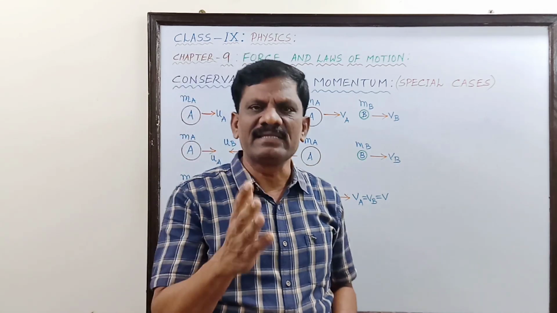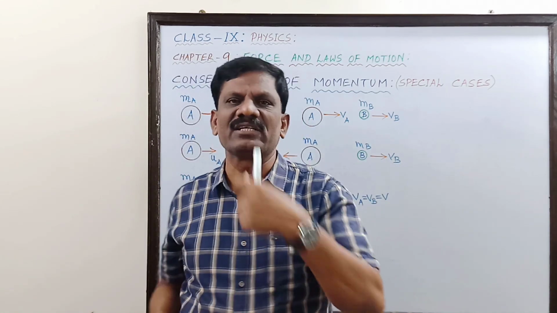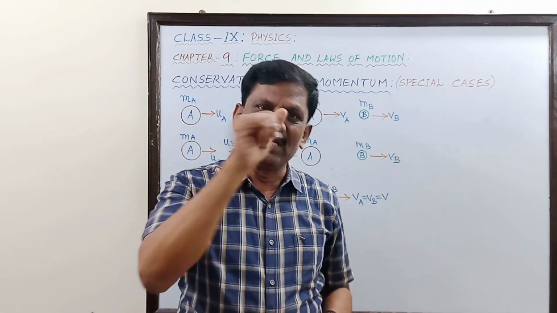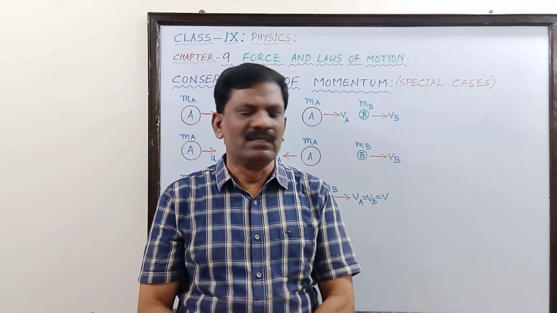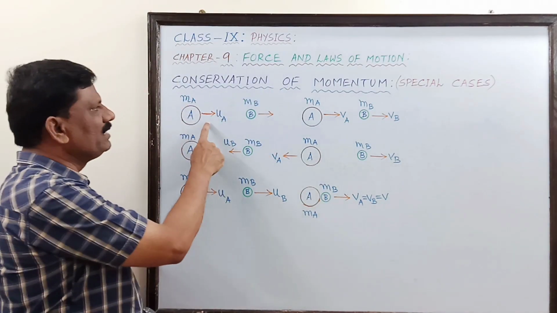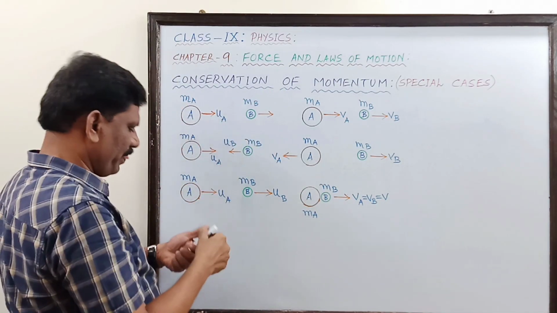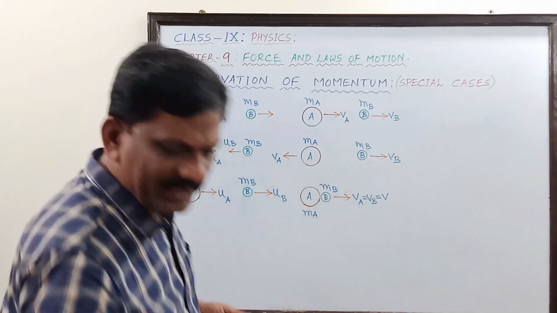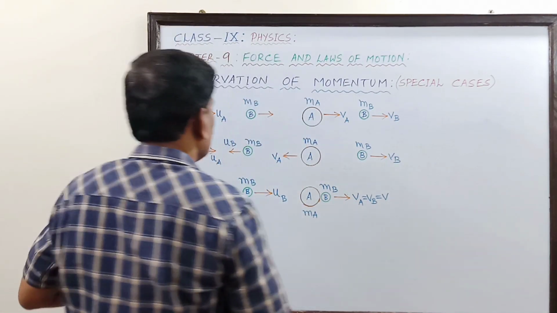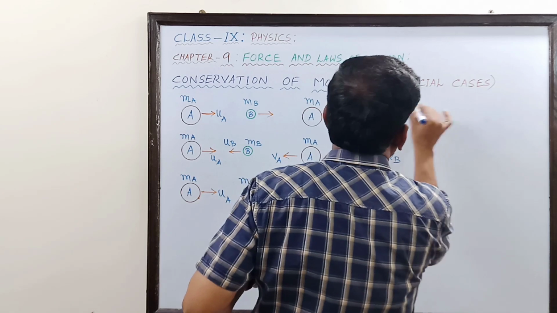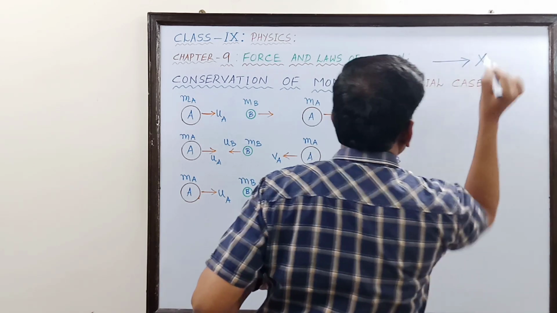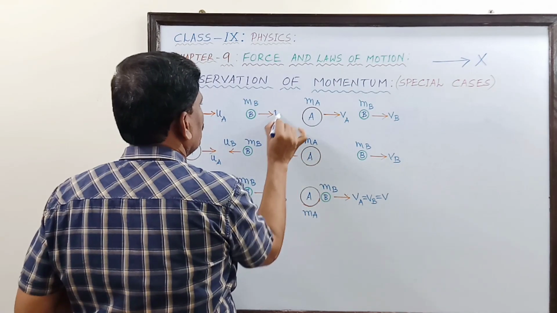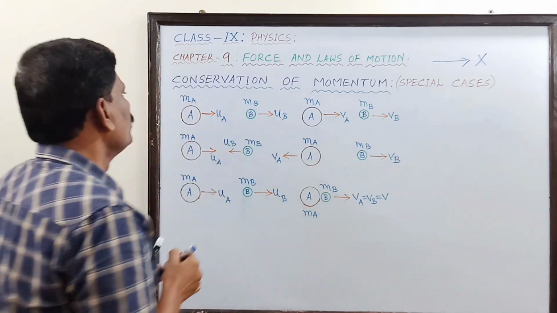And whichever body is having momentum along the negative x direction, that is towards the left, its momentum will be negative. Keep it in mind. Now, in the first case, all these are in the positive x direction. So you look at the picture.